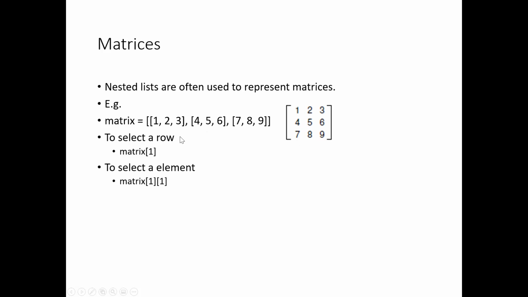The simplest way is to make a list of lists where for each row we make a list. Within the main list, you have 1, 2, 3 in another list, 4, 5, 6 another list, 7, 8, 9 another list. If you want to access a particular row, you can use one index, like matrix 1 will select the second row. And if you want to select the middle element, second row and second column, we can say matrix 1 and 1.